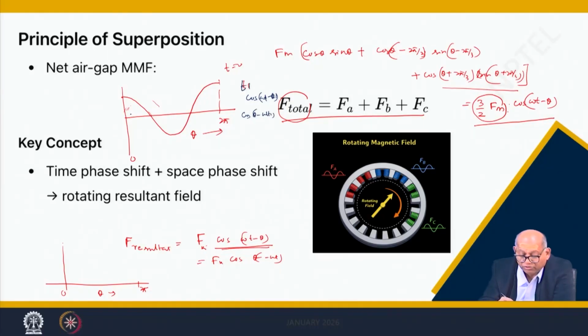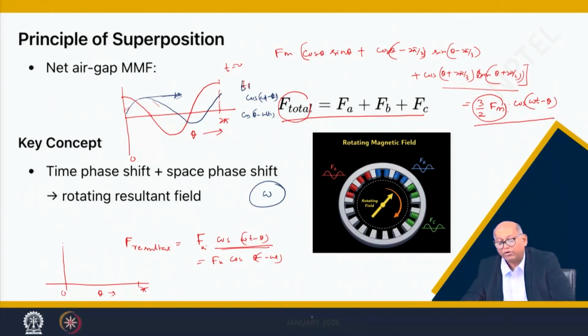So it will be displaced by a constant amount. It will keep on displacing, so this will travel. The speed of rotation or travel is omega. So at omega rotation, this particular thing is going to travel around the periphery. So this becomes a rotating magnetic field, or a propagating wave or travelling wave.